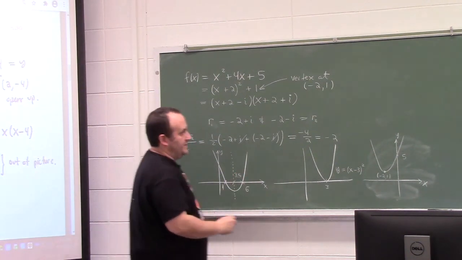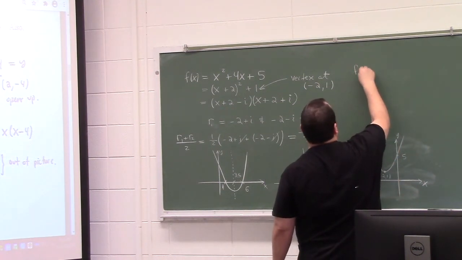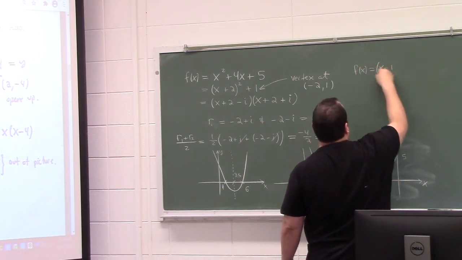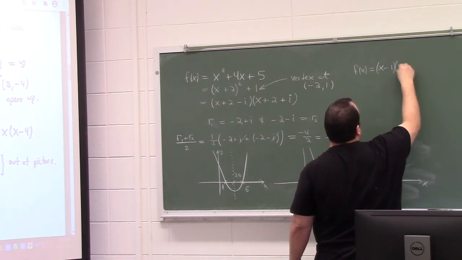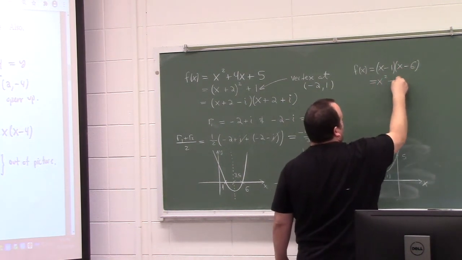And just to beat a dead horse here for a second, f of x equals x minus 1 times x minus 6. What is that? x squared minus 7x plus 6, right?